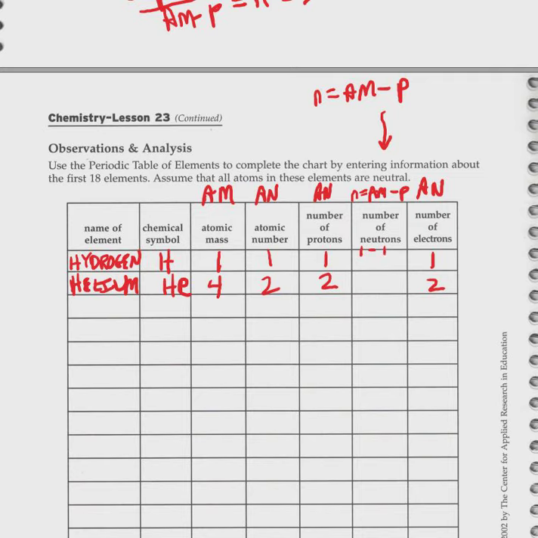I have 1. So 1 minus 1 equals 0. So there are 0 neutrons in hydrogen. There's a few wonky ones which we're going to get into in a bit, but for the most part, hydrogen doesn't have any neutrons.